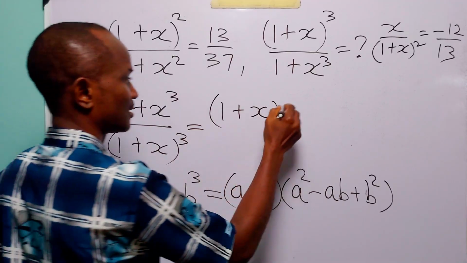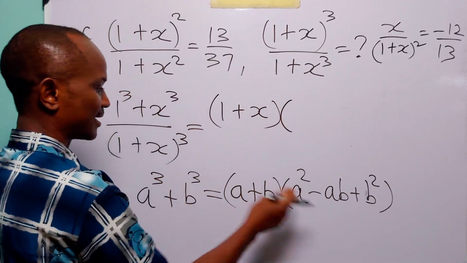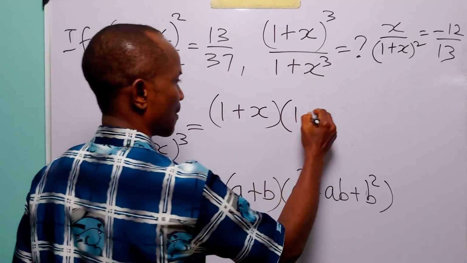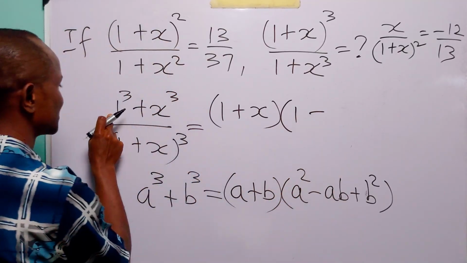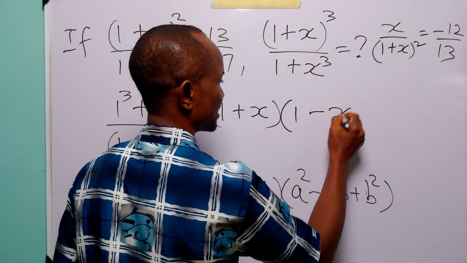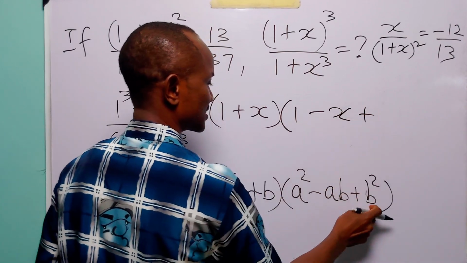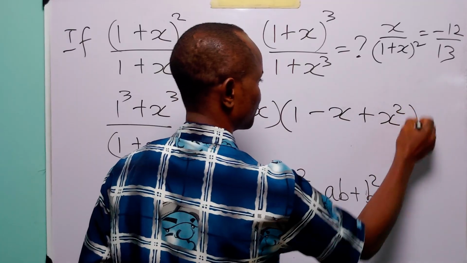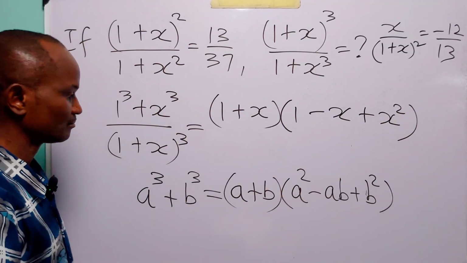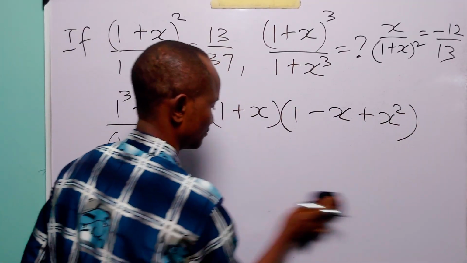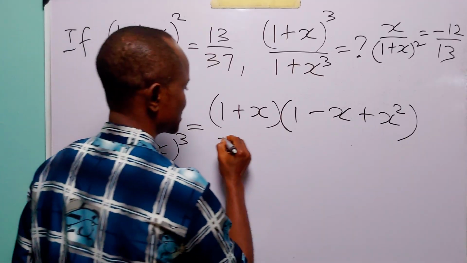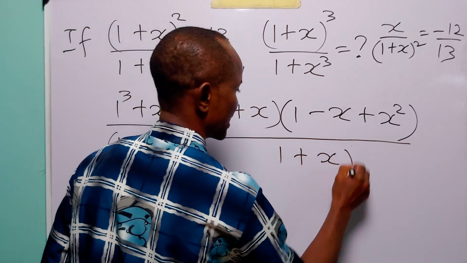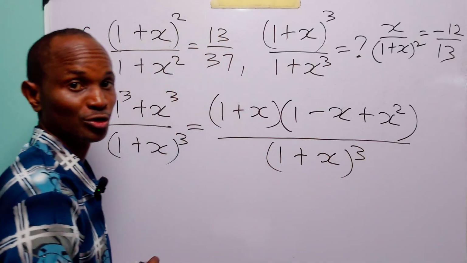plus x, multiplied by 1 squared, which is 1, minus a times b, that is 1 times x, which is x, plus b squared, which is x squared. And of course, in the denominator, we still have (1 + x)³.